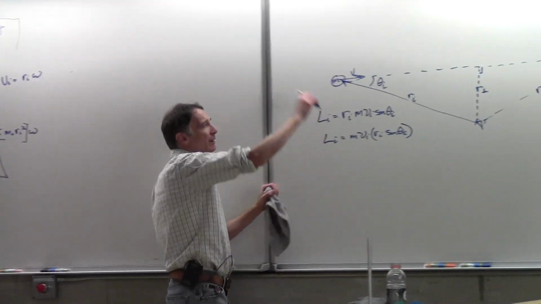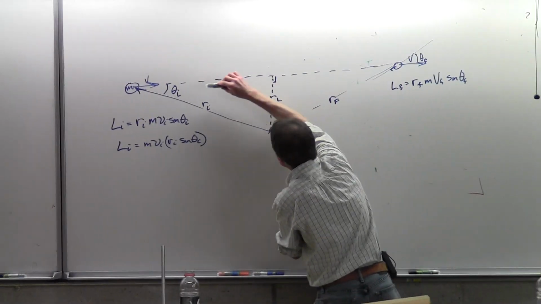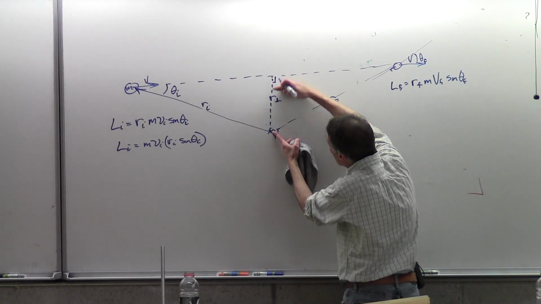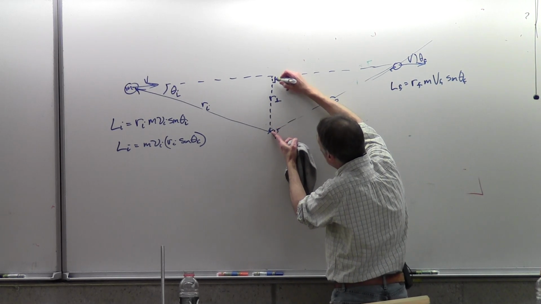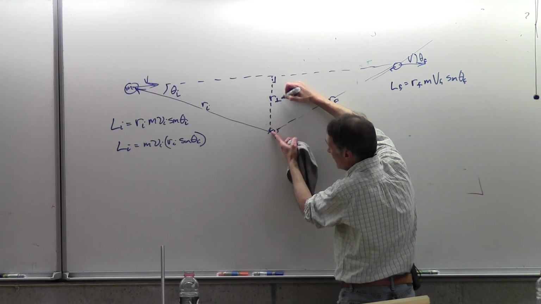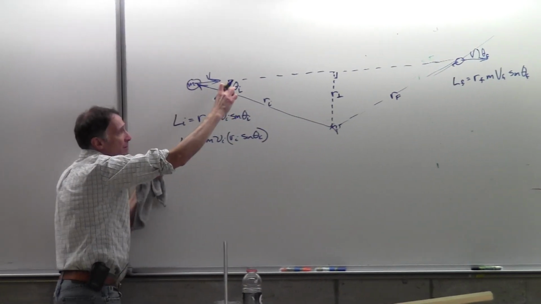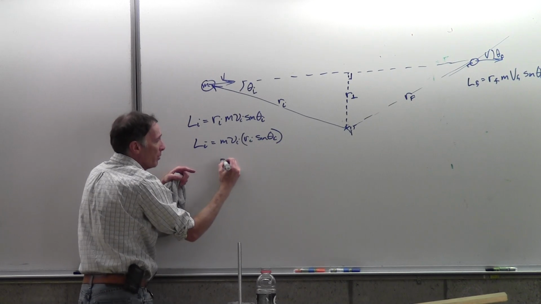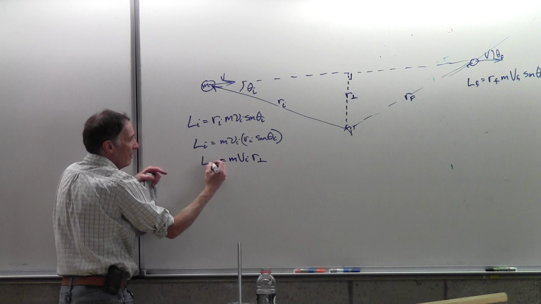The idea is that there is some line of action that this thing is moving through. There is some distance from the point we're figuring the angular momentum about to that line of action. We're calling that R perpendicular. If you look at R initial times the sine of that angle, that is R perpendicular. MV initial times R perpendicular is L initial.